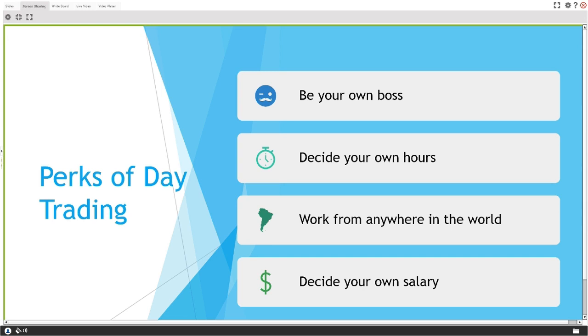And if you are not taking your business seriously, and not trying to make it the best business you possibly can, what's going to happen? You're going to fail. So don't get completely caught up in the hype of, I can do whatever I want as a day trader. There's a ton of freedom, but you still have to crack down on yourself every now and then, like a boss would to you.